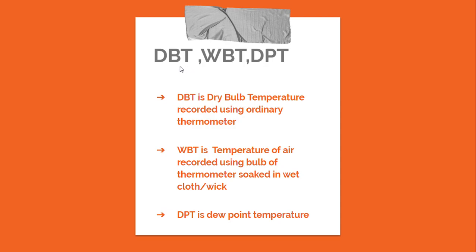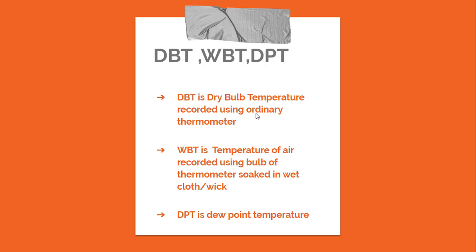You know already that dry bulb temperature is the temperature which we record using a regular thermometer. And what is the difference between wet bulb and dry bulb temperatures? Wet bulb temperature can be recorded using the same thermometer. What modification do we need to do?